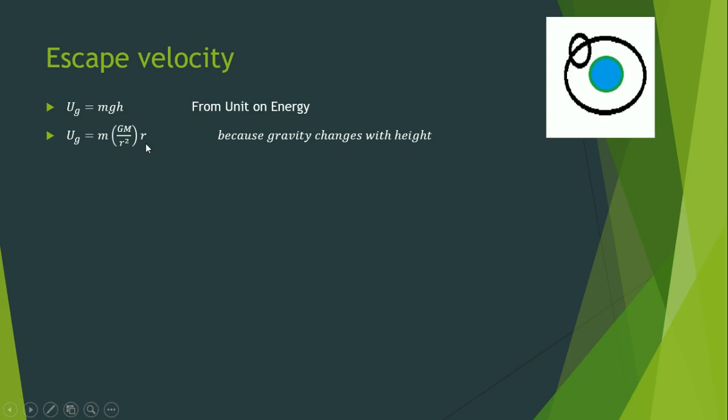So this is our new form, and then if we clean it up a little bit, we would get this: negative G big M little m over r. One of the r's cancels because the r squared is in the denominator and r is on the top. And then we put a negative sign because the negative signifies being trapped by gravity. When you're in gravity, you are technically stuck on the planet. You can't escape. So we're going to call that negative.